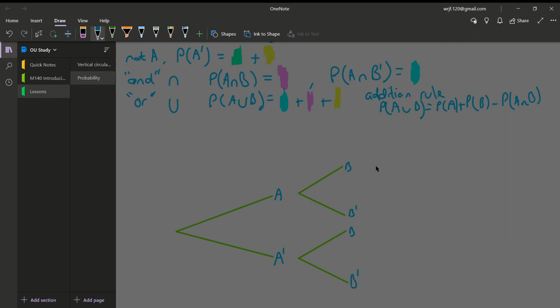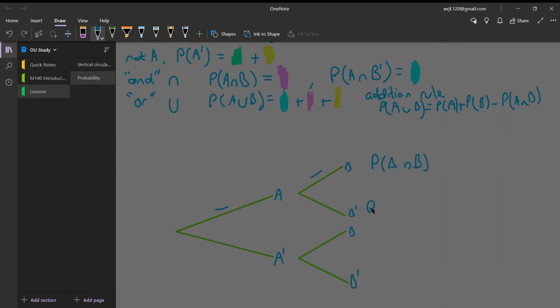And so by the time we've got to the end, we take the probability numbers from those two branches, we multiply them together, and the outcome that we get at the end is the probability of A and B both having happened. And we now know that when it's an and, that's the same as an intersection. So I get at the end of that, by multiplying those two probabilities along the way, the probability of A intersection B.